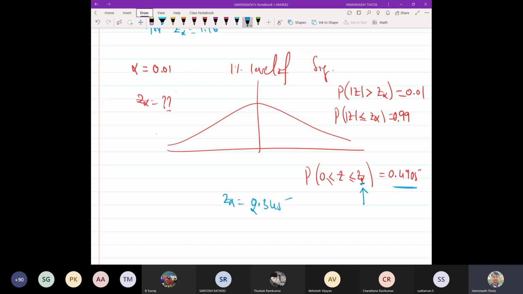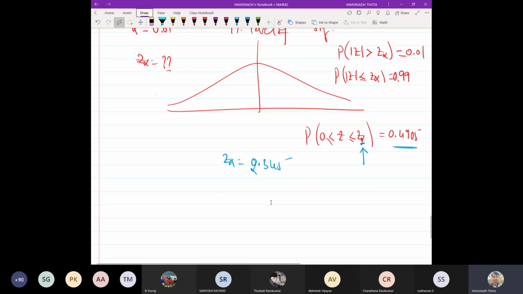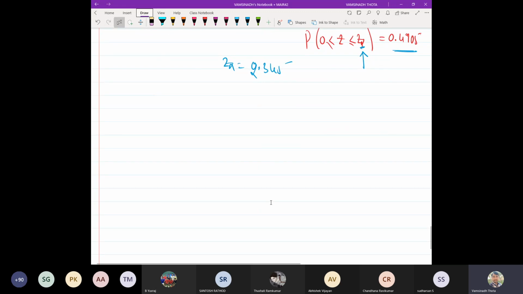Okay. Now coming to the case of the one-tail test. In the one-tail test also the process is the same. The only thing is that in the one-tail test we are going to look at only one side.